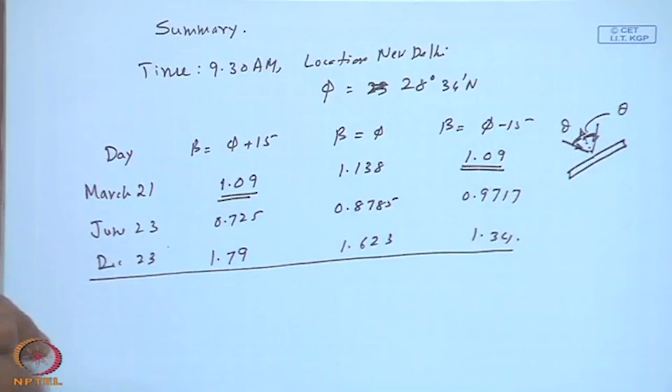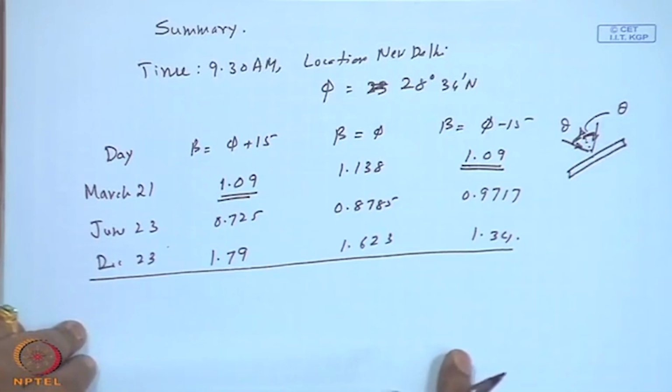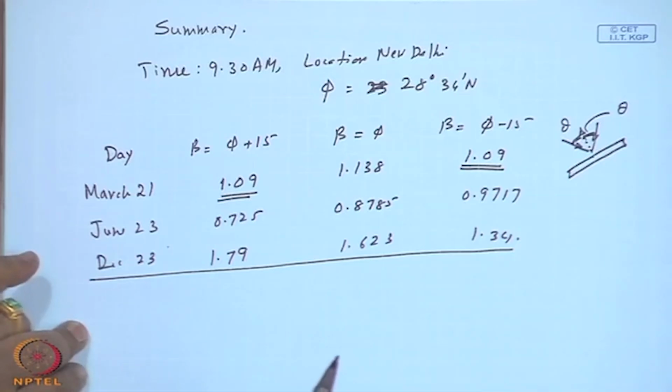Consequently, you have the same answer for RB, whether beta is phi plus 15 or phi minus 15. So, in a two dimensional view, it looks like there is a ray in one line, but that ray could be a pencil along a cone describing the same angle.